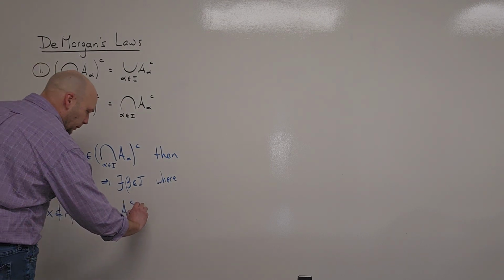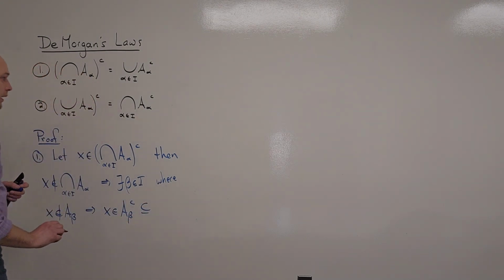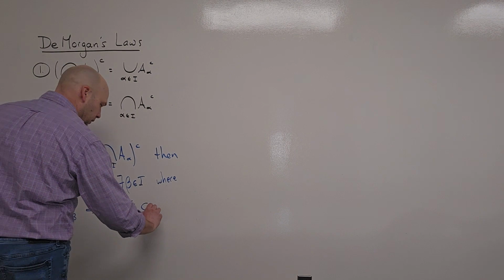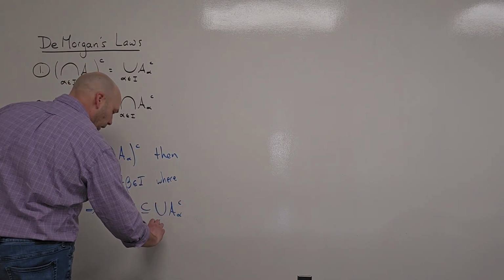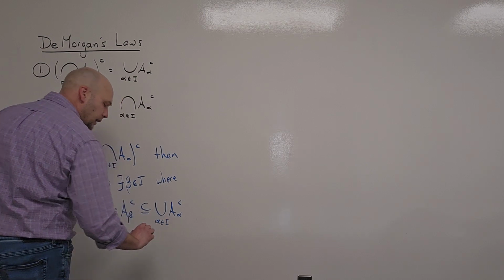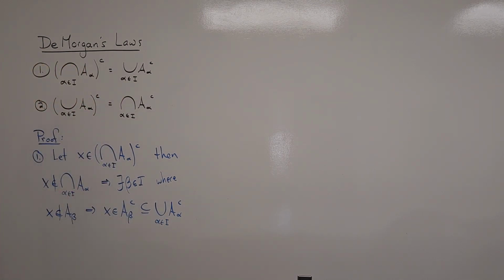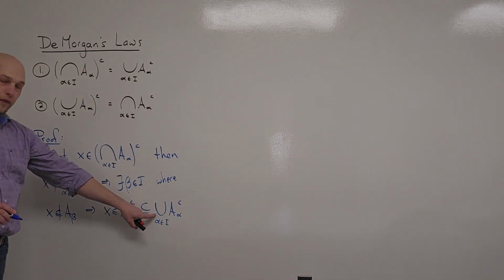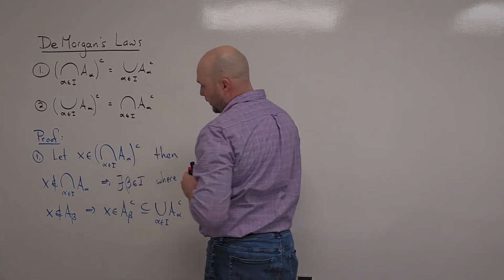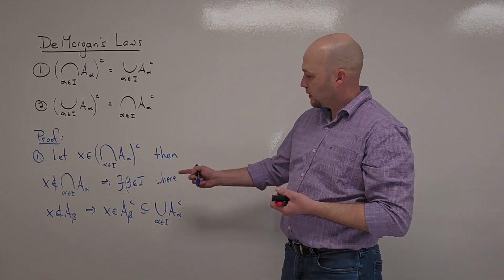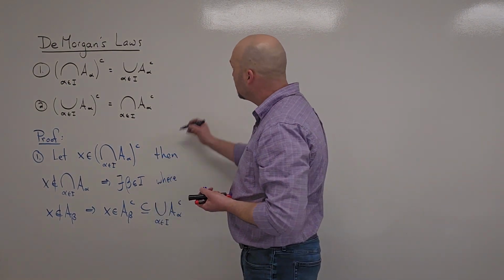Well, A beta complement, of course, is contained in the union of all the complements. So this is contained in the union of A alpha complement, where alpha ranges over the entire index set. So therefore, X is an element of this union, and since X was an arbitrary element of the complement, everything in this complement is contained in the union.